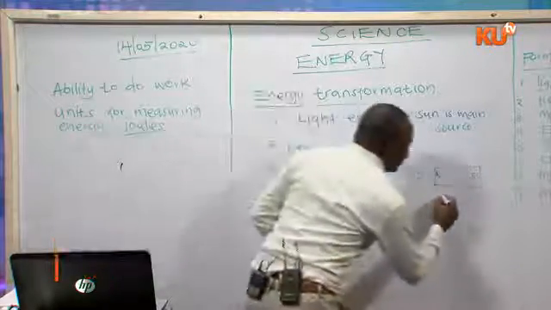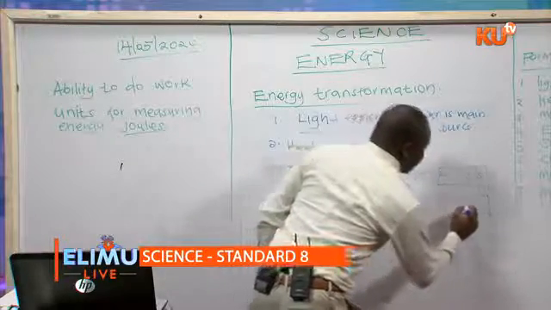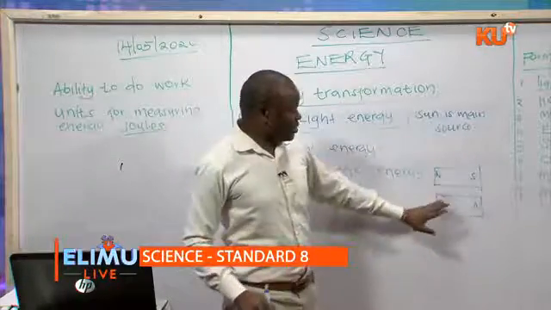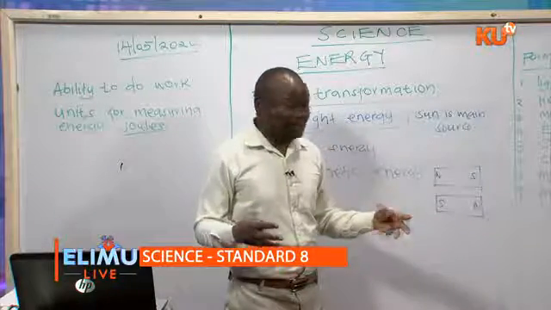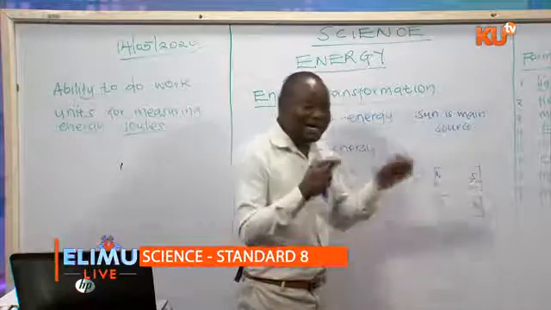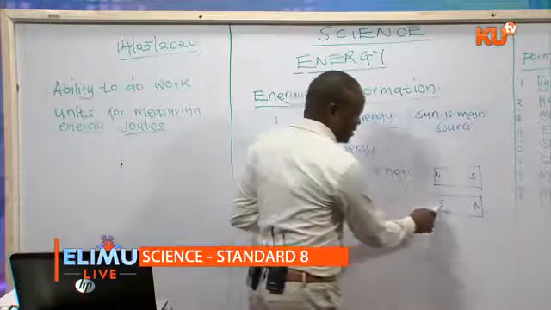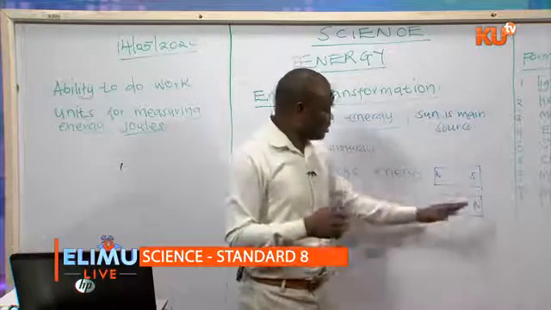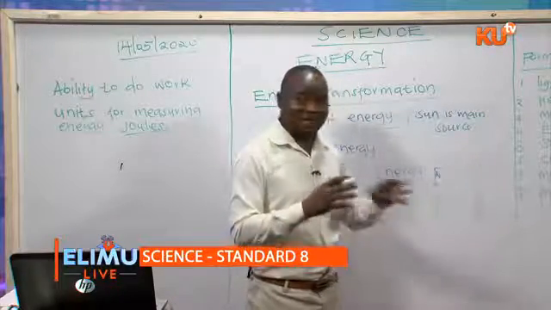When there is also another magnet, and this one is south and this one is north, when you take these two magnets close together, they might attract or repel depending on which poles you are pointing. When you take this one and this one, of course they are going to attract. But when you take north and north, they are going to repel. When you take south and south, they are going to repel.